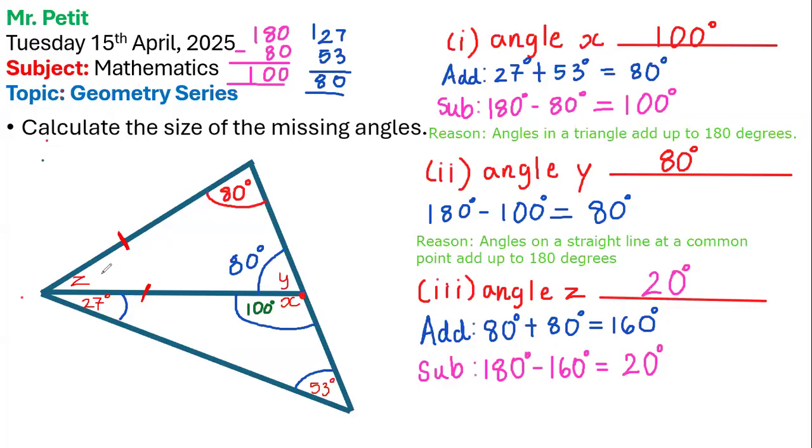No. Why do we subtract it from 180? After we already get 80 plus 80, that gives us 160. So 80 plus 80 is 160. And then why do we subtract it from 180?